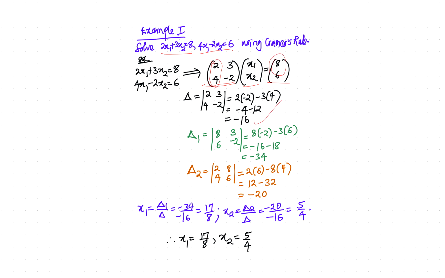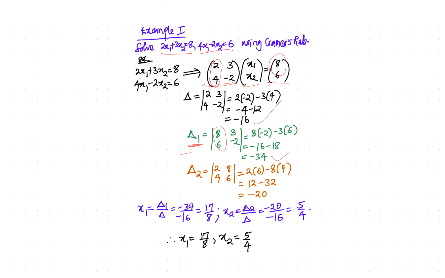Instead of 2, 4, you now have 8, 6, with 3, minus 2. Then you find the determinant: 8 times minus 2 is minus 16, minus 3 times 6 is 18. So you have minus 16 minus 18, and the answer is minus 34. That is determinant 1.